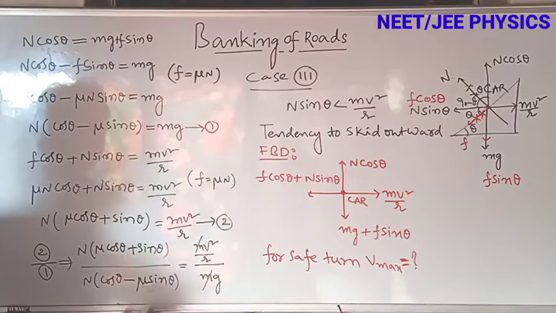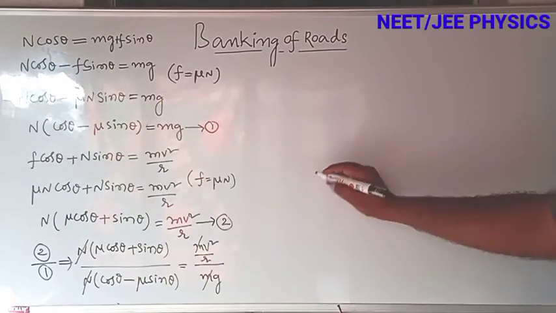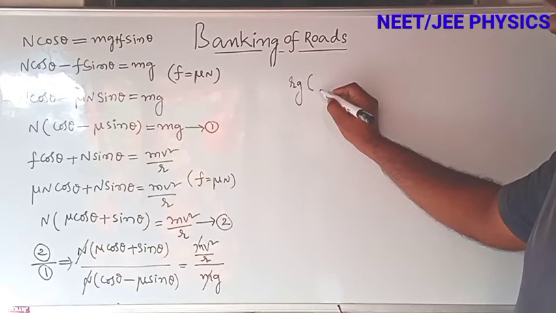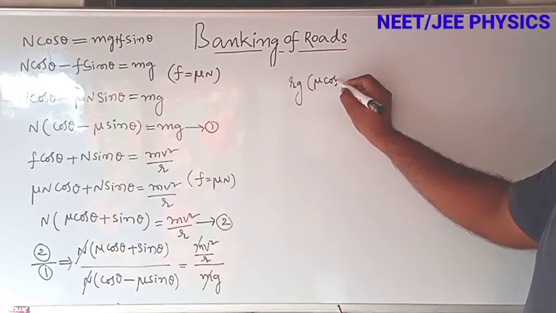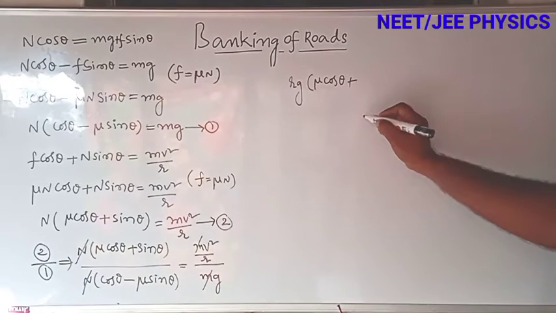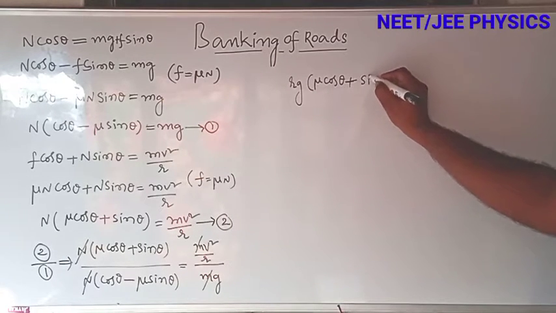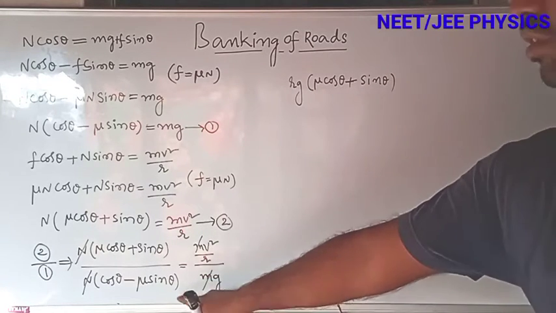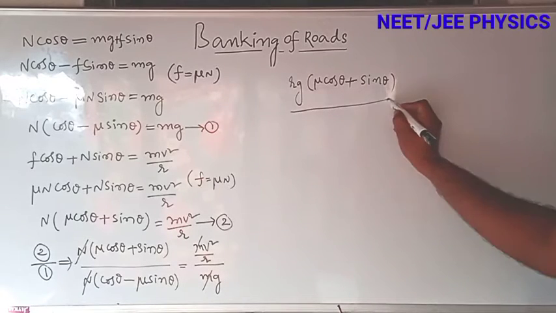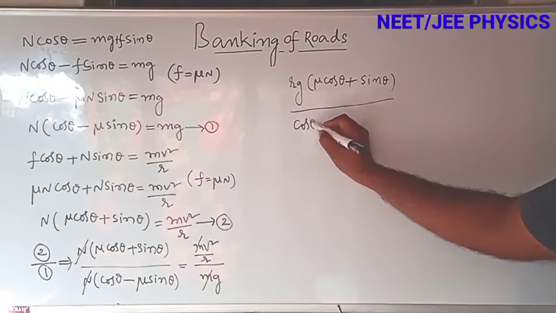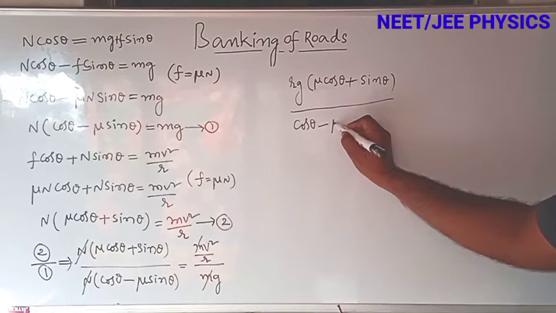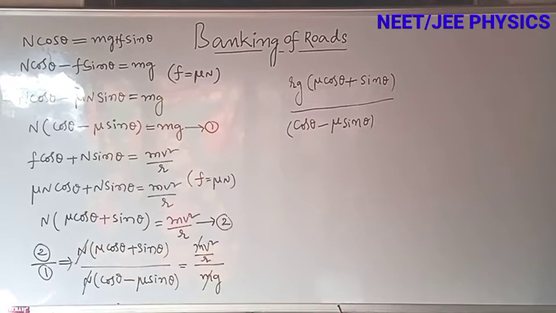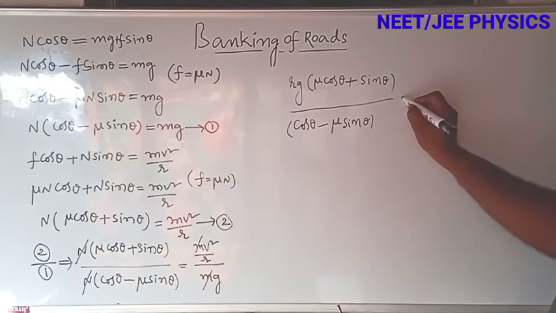Here m gets cancelled, N gets cancelled. Now finally, moving rg to that side, rg into mu cos theta plus sin theta upon cos theta minus mu sin theta equals v square.